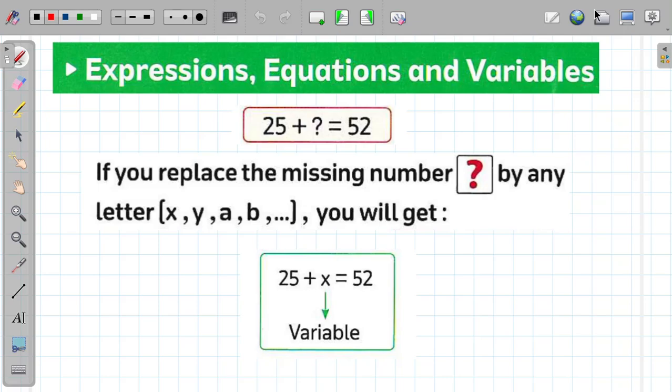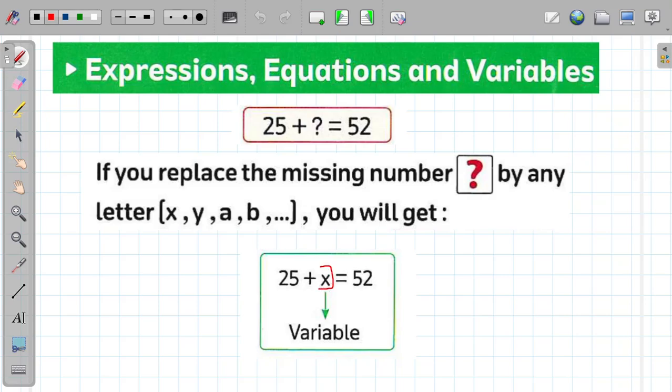So I can write this like 25 plus question mark equals 52. If I want to convert this form to an equation, we can replace the missing number or the question mark by any letter like X, Y, A, B, C, Z, any letter or any symbol. So we can get 25 plus X equals 52.